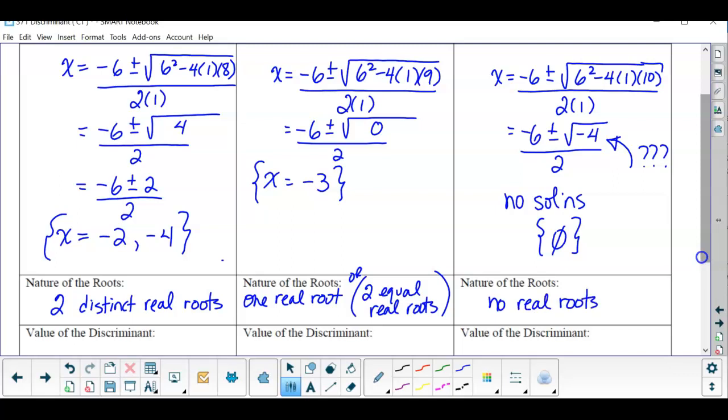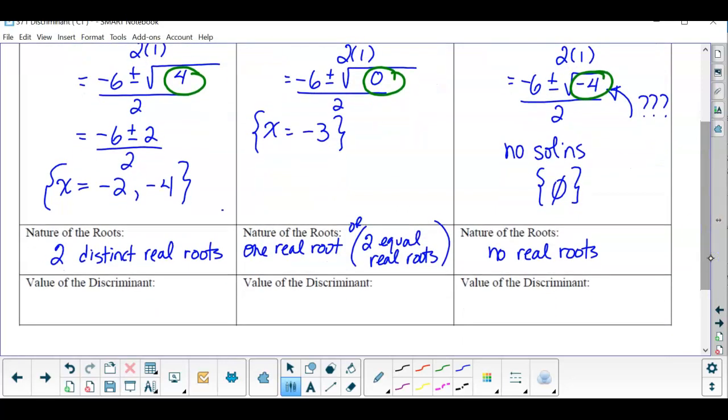Now, the value of the discriminant, remember the discriminant is b squared minus 4ac. That's the value underneath the radical once you simplify. So the value is 4 here. The value is 0. The value is negative 4.